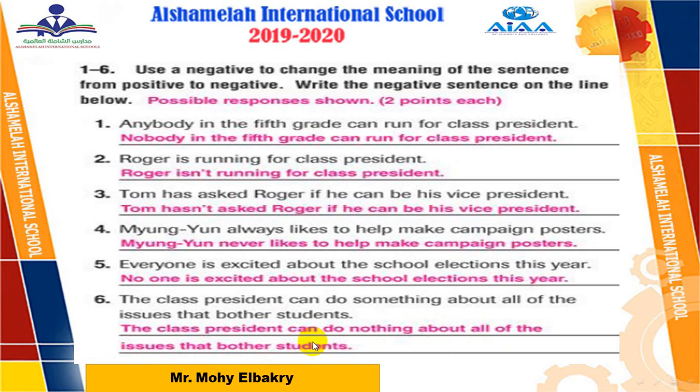Another answer, we can say the class president can't do, but here we must say instead of nothing or something, we are going to say anything. And I'm going to explain it okay, in the next slide.